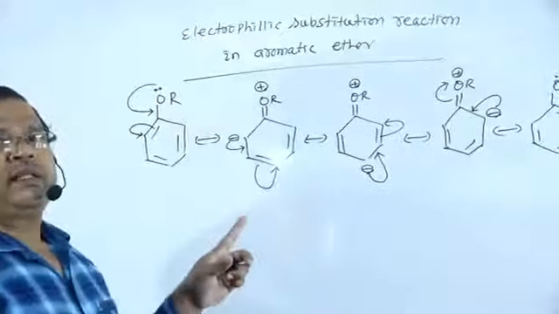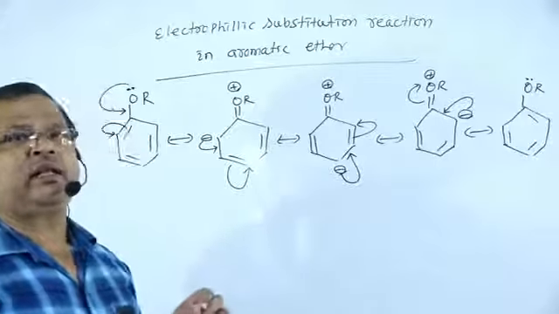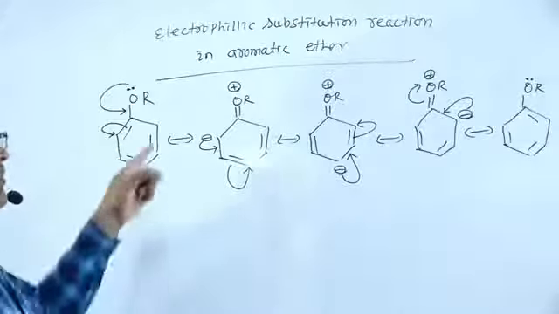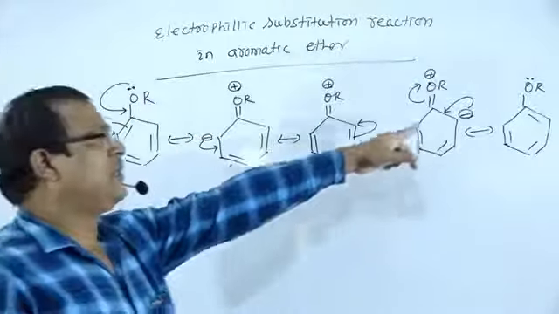Therefore, the presence of the OR group in the benzene ring is ortho-para directing and ring activating, because it increases the electron density in the ring, particularly at the ortho and para positions.